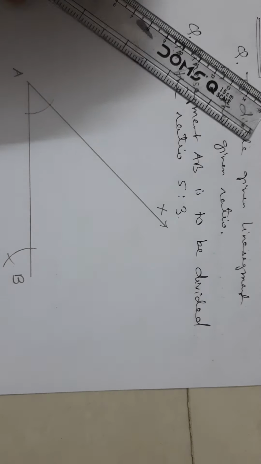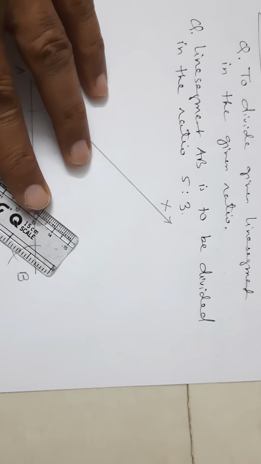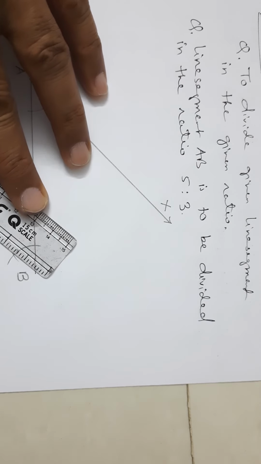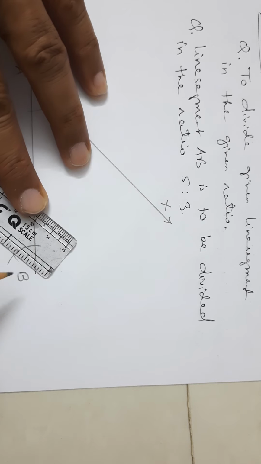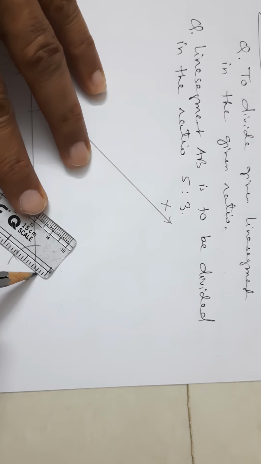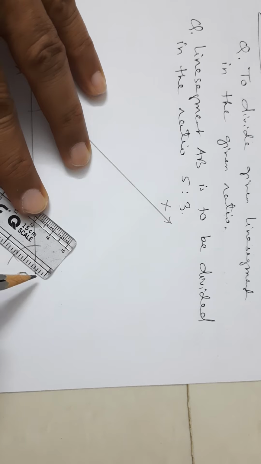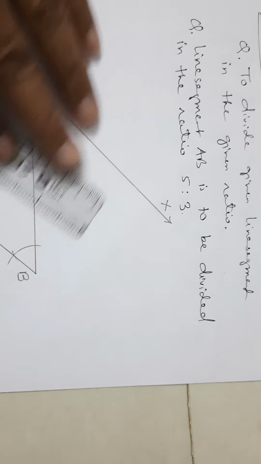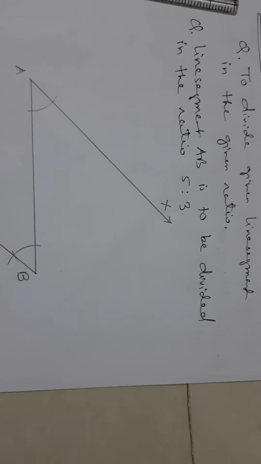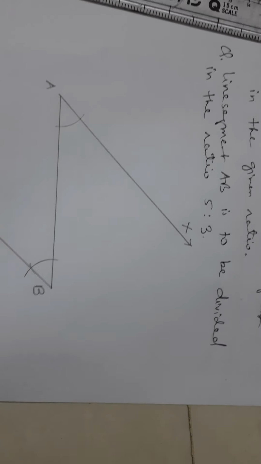And then I join. That will be our ray BY, which is parallel to ray AX. You can see that both appear parallel.